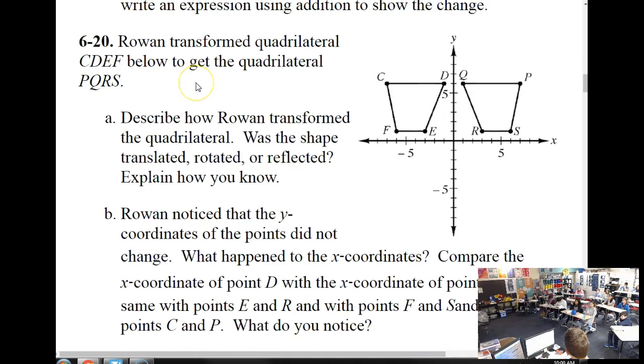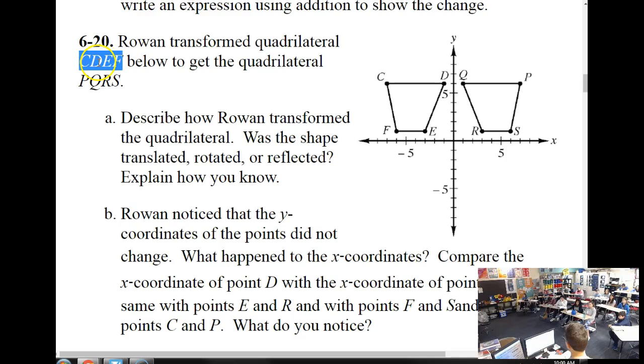In 20, you and your partner want to decide what sort of rigid transformation made this happen. And pay attention to the order of the points. This is going to start to matter a lot. And guys, I know I'm throwing a lot of information at you, but then I'm just going to release you, so I just need you listening right now. The order of the points matters.